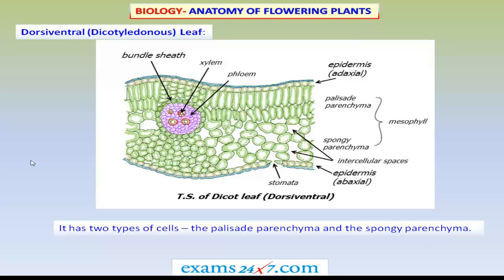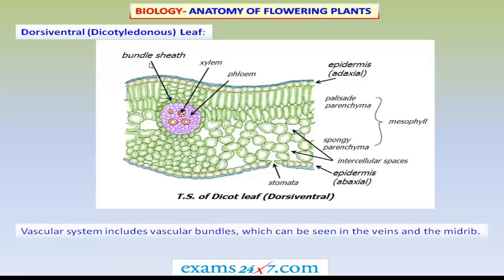When you look at the section of the midrib, we see the vascular bundle surrounded by a layer of thick-walled cells forming what is called the bundle sheath cells.